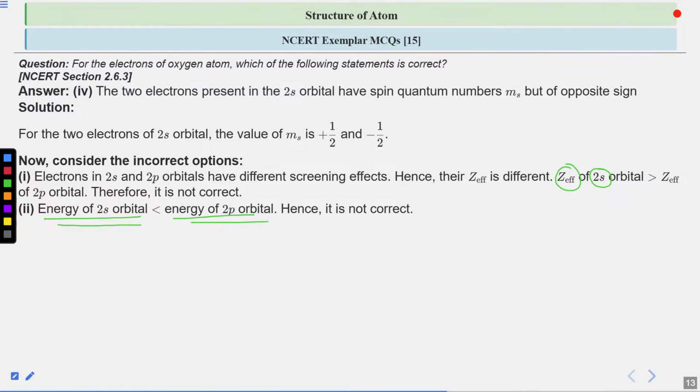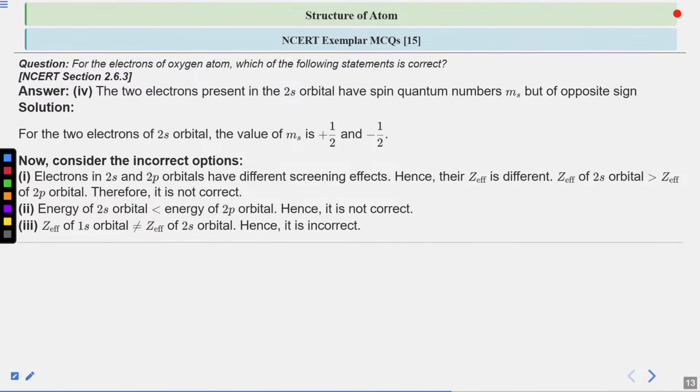Their energy can never be the same. We have also seen that for the same principal quantum number, the energy of orbitals increases in the way that s has the lowest energy, then comes p, then d, and then f. These questions are all from the filling up of orbitals, which is section 2.6.3 from NCERT.